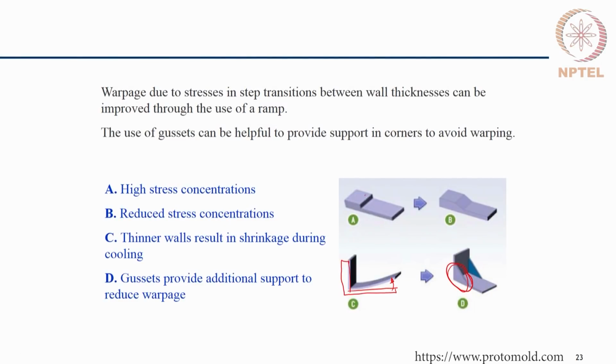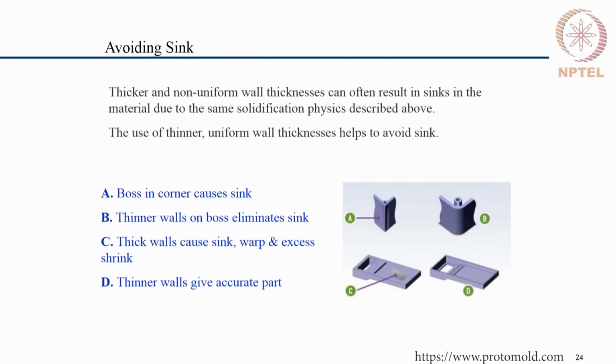One can also avoid these steps, what we call change in the thickness, by providing a gradual change in the thickness. These things can help avoid warping. These are general guidelines one can follow while designing the mold.